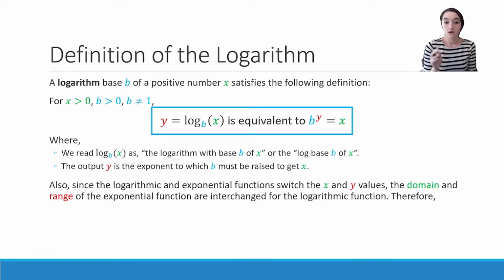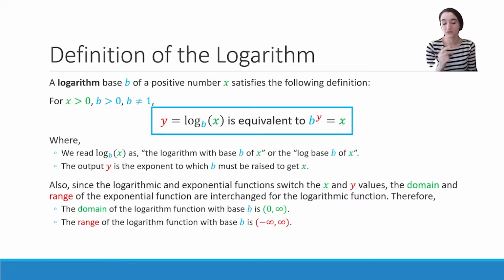Since the logarithm and exponential switch the x and y in inverse fashion, the domain and range of the exponential function are also interchanged for the logarithmic function. Therefore, the domain of the logarithmic function with base b is 0 to infinity, and the range is negative infinity to infinity, all real numbers.